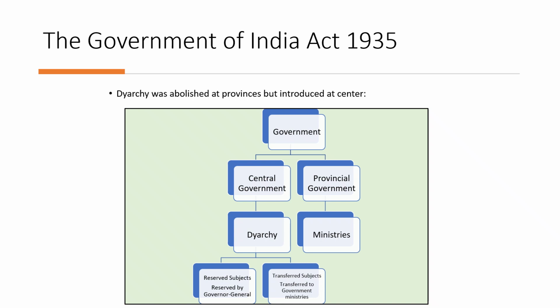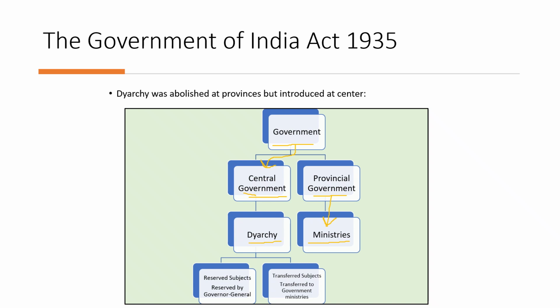Here I have designed a very interesting diagram. Here is the government, and it was decided that India would be a federation. So here is the federation. Central government and the provincial government. Okay? The provincial subjects would be under ministries, provincial ministries, but at the level of the central government, diarchy was introduced.